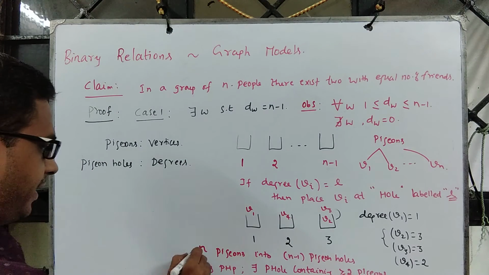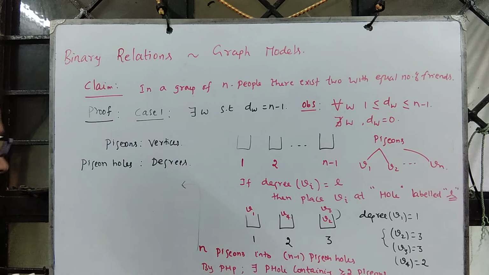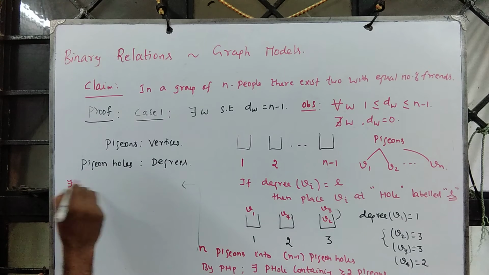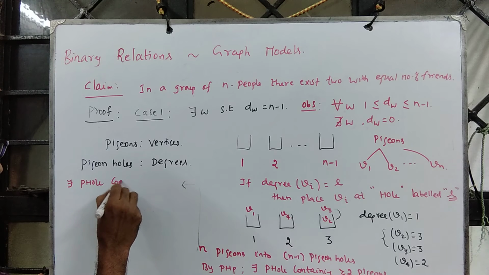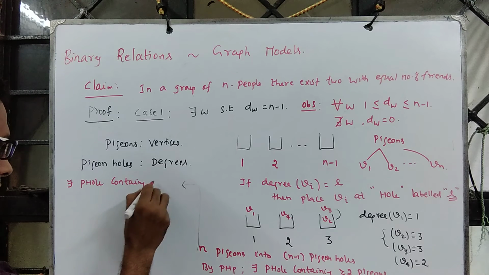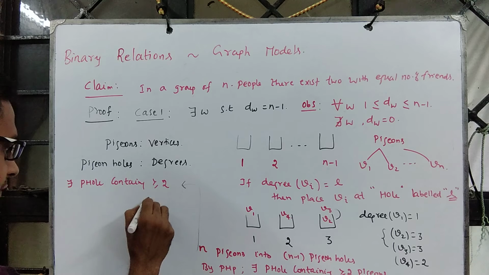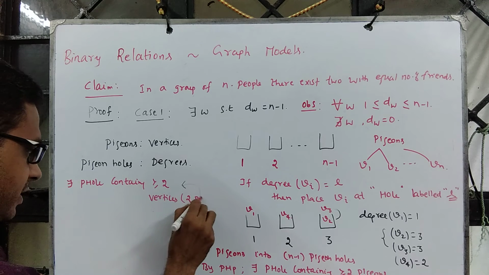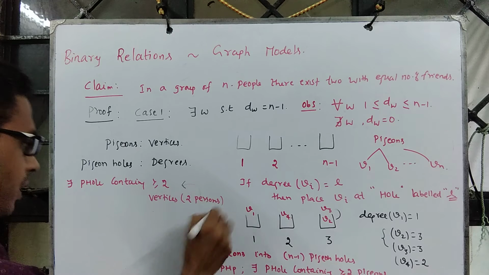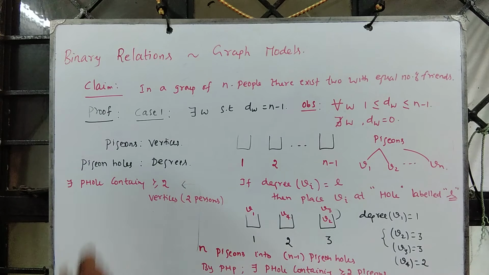So equivalently, there exists a pigeonhole containing at least 2 vertices or 2 persons. So now they represent the desired set.